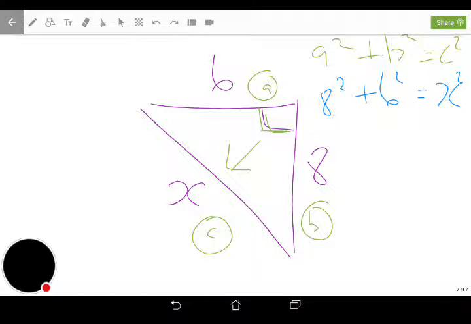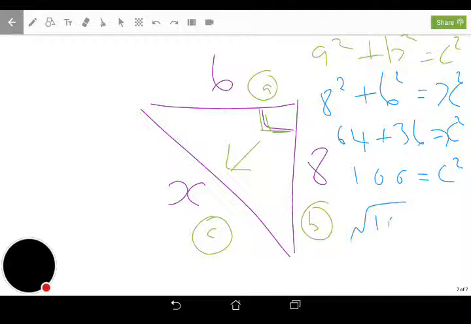So 8 squared again is 8 times 8, which is 64. 6 squared is 6 times 6, which is 36, and that will give us X squared. Now 64 add 36 is 100, which is C squared, and to cancel out the square because we want C on its own, we do the inverse, which is the square root of 100.